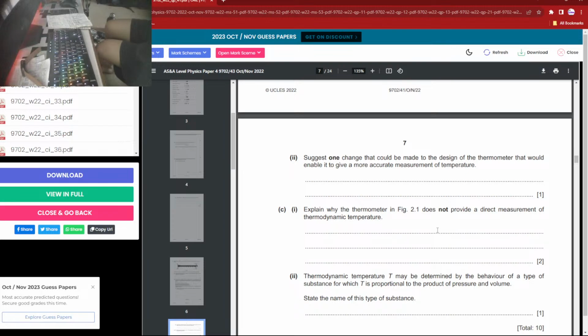So to do that, we can either lower the mass of mercury in the thermometer, or we could use another liquid in the thermometer with a lower specific heat capacity.